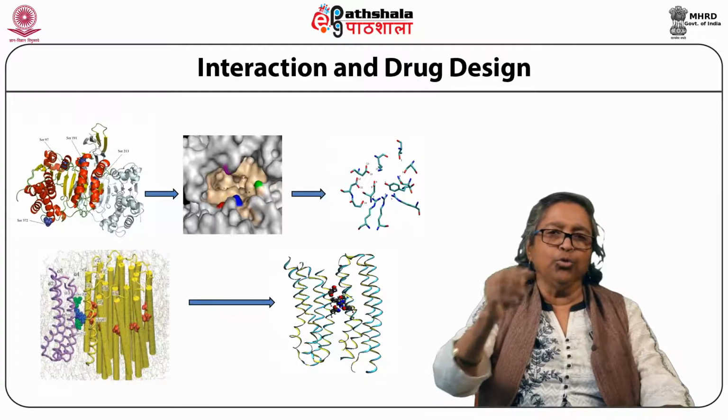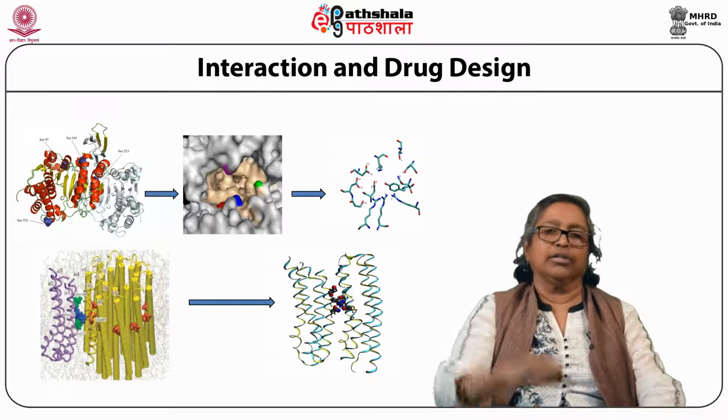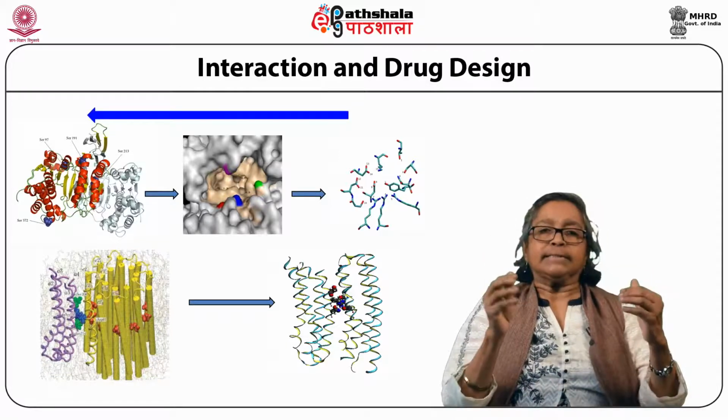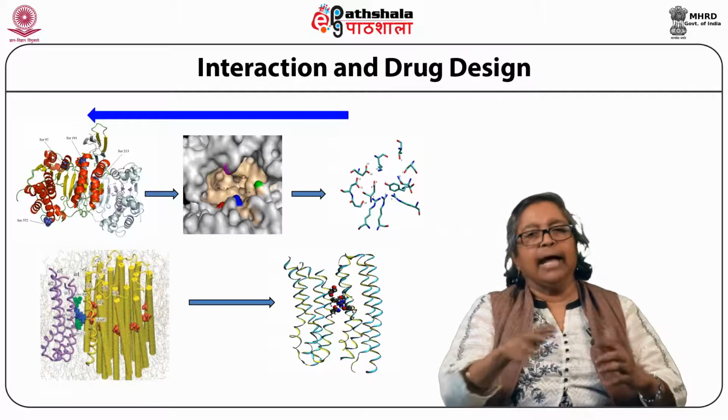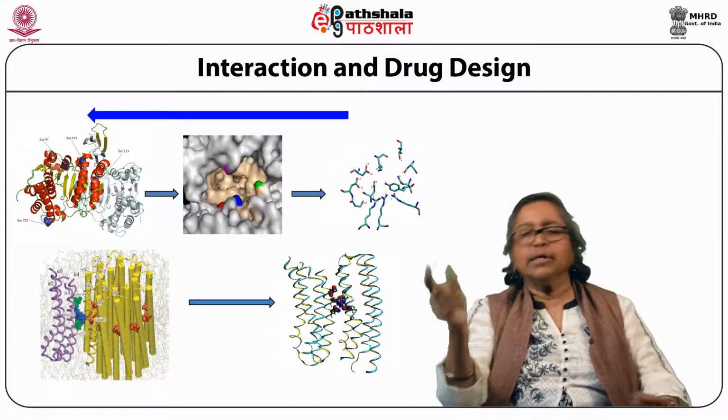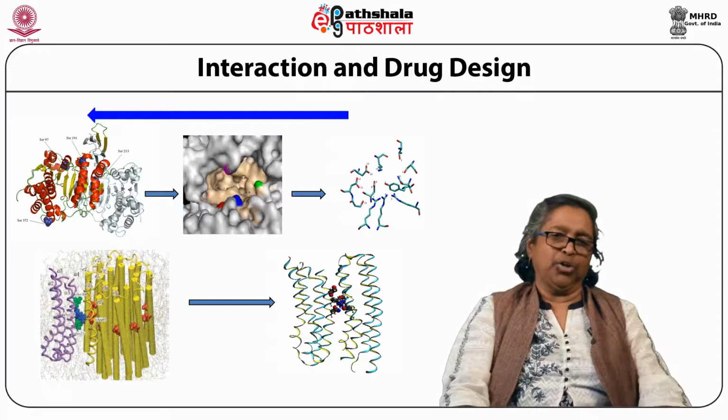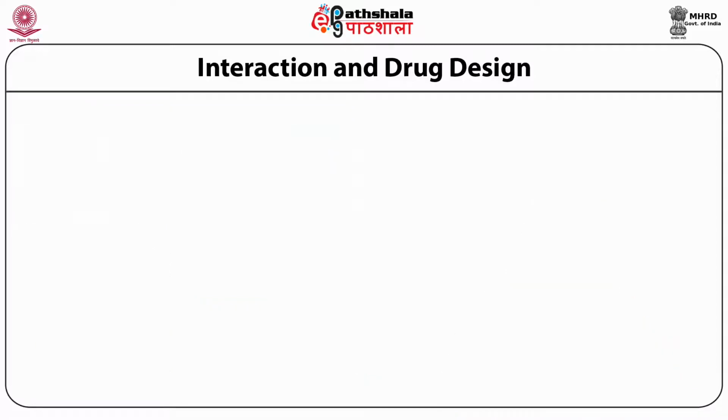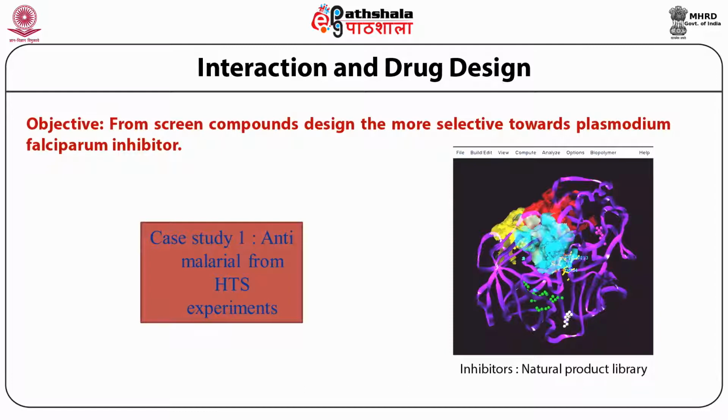I will try to show you a case study of a soluble protein which is on the upper side. But nonetheless, the same system can be simulated, designed and modeled, and the work can be done also for a membrane protein. I would like to discuss here one of the important designs, and our objective here is a screening compound that has been obtained by high throughput screening, and we want to design a compound starting from this screened compound from a chemical natural product library.